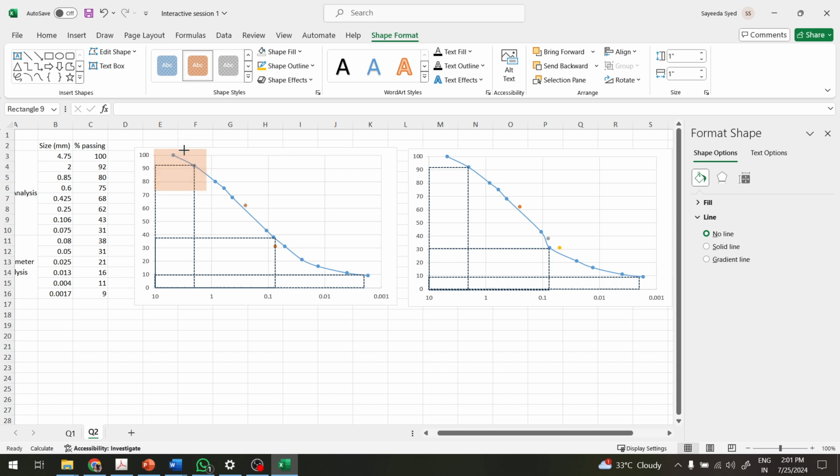That is why I'm using all these tools from Excel. So this will be our sand portion.